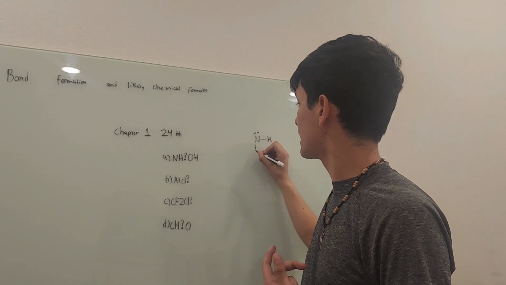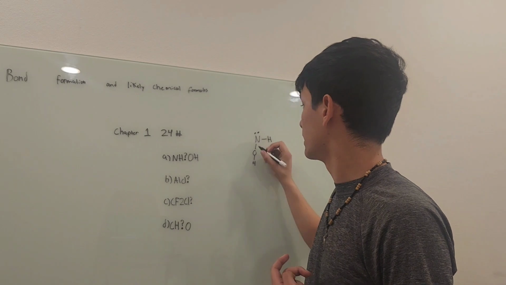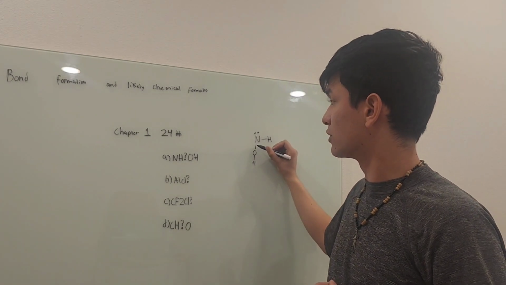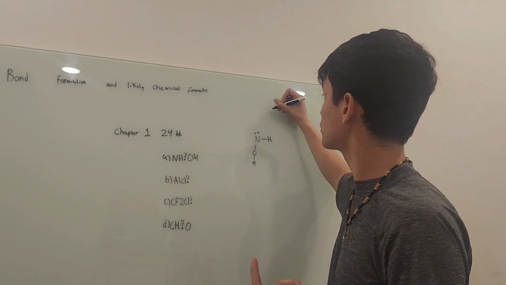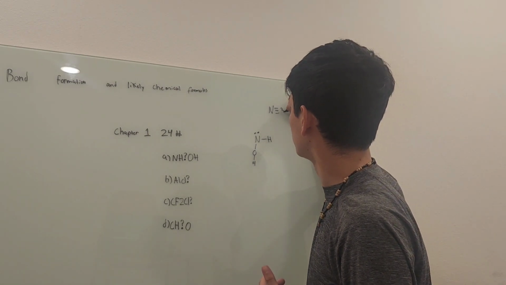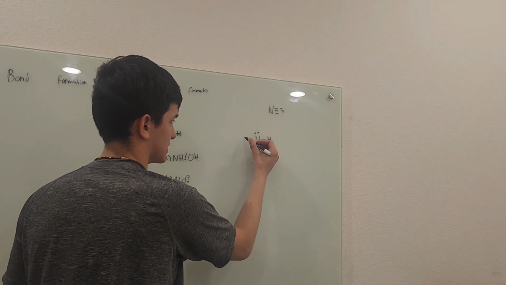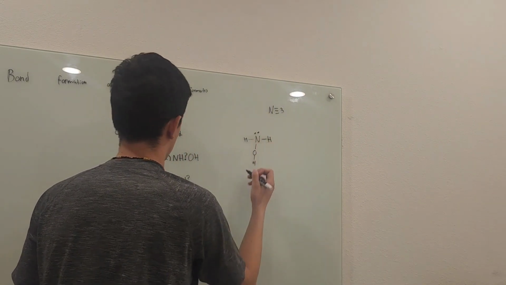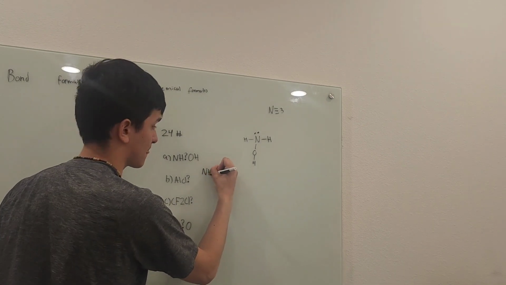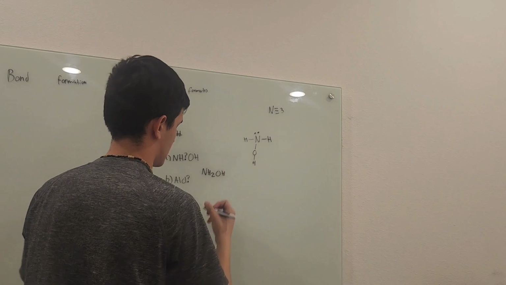And it makes an alcohol bond, OH. So nitrogen has 2 bonds. But how many bonds does nitrogen like to make? Nitrogen likes to make 3 bonds. So nitrogen is missing 1 bond. So for A, we will have to put NH2OH.